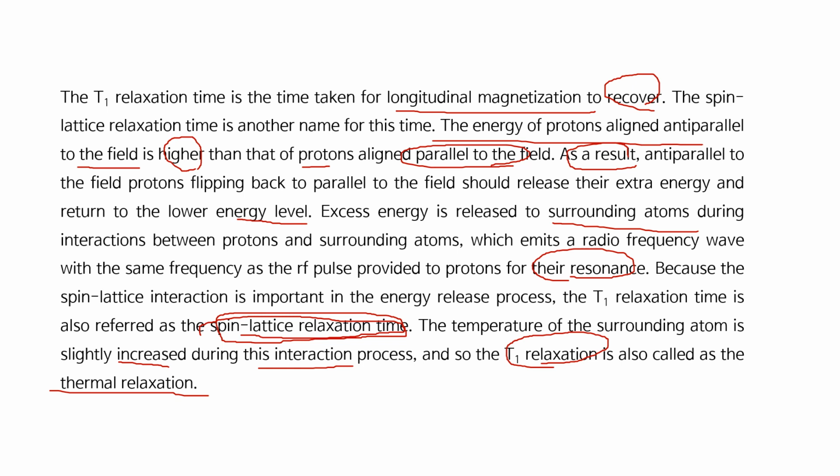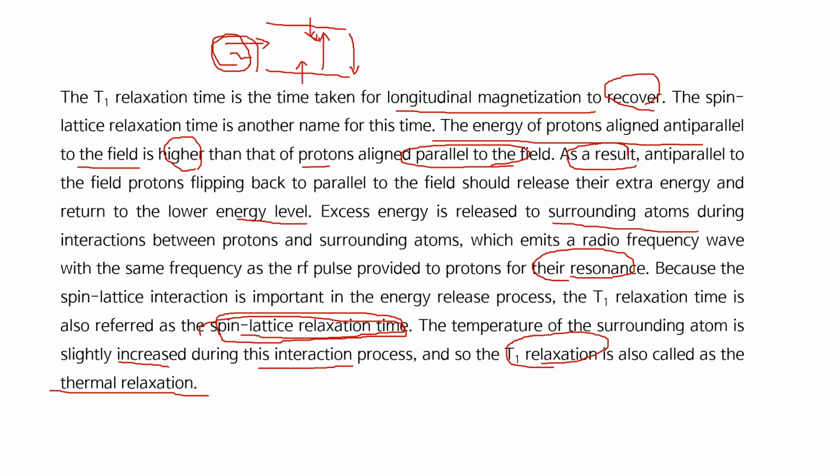So in T1 relaxation, nuclear spin along the field is moved up to the higher energy state by the RF pulse. And this nuclear spin moves back to the low energy state because the RF pulse is turned off.